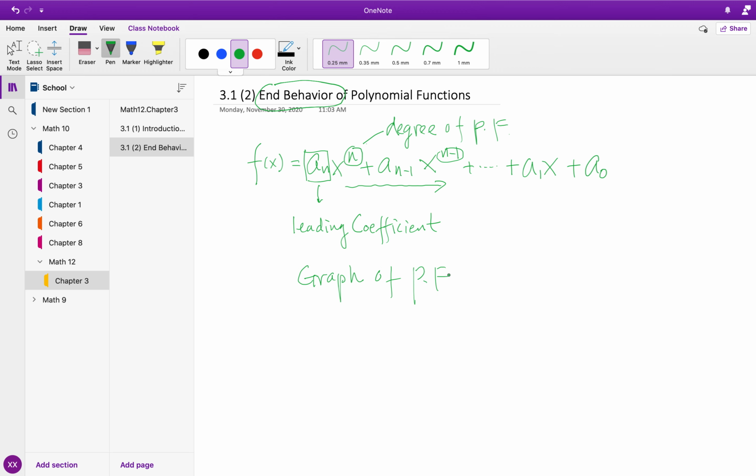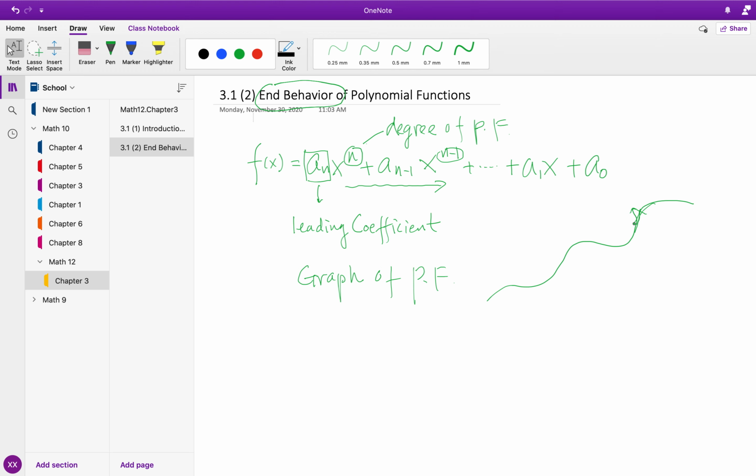Well, in the last section, part 1 of 3.1, we talked about how the graphs of polynomial functions are all smooth curves. There are no breaks, no very sharp turn points. Everything is smoothly curved.